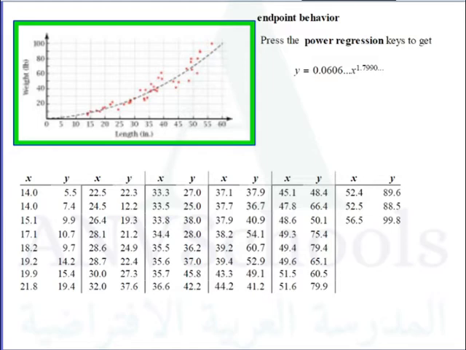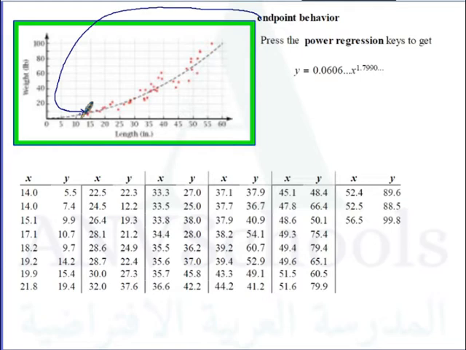To better judge which could best fit the model, we are going to look for the endpoint behavior. This endpoint behavior is the behavior of the scattering of data at the lower endpoint and at the upper endpoint.